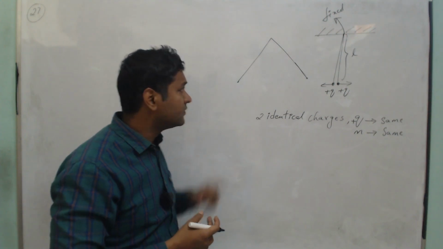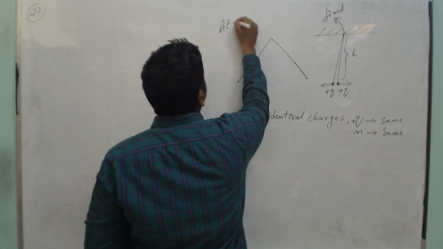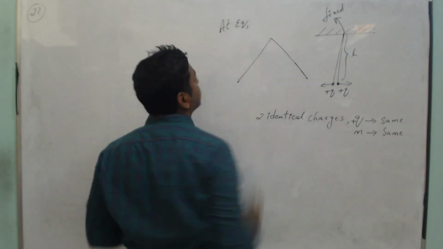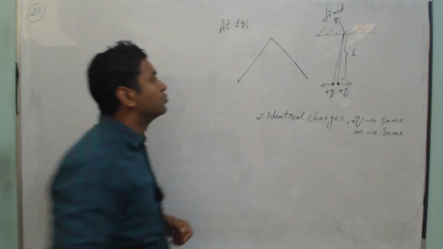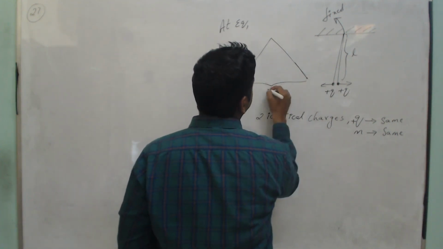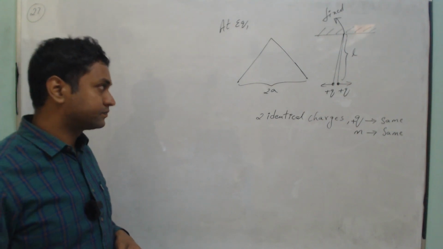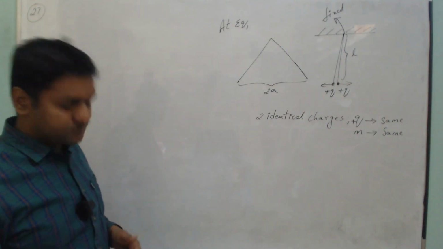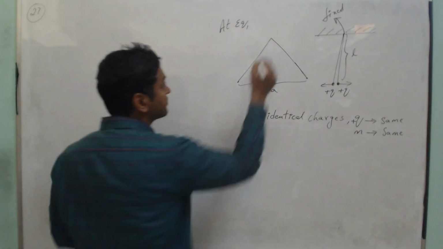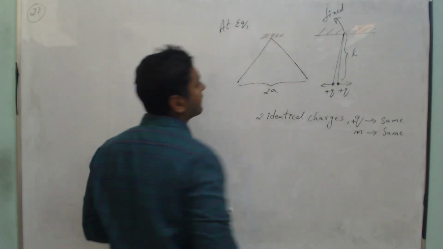Let us say at equilibrium, both the charges are at a distance of 2a from each other. This is the ceiling point.